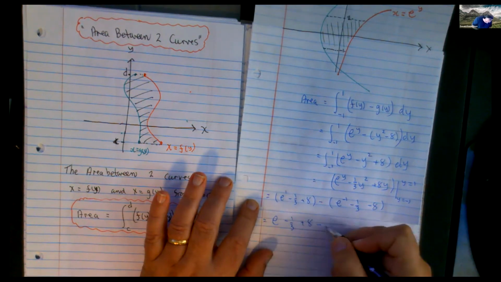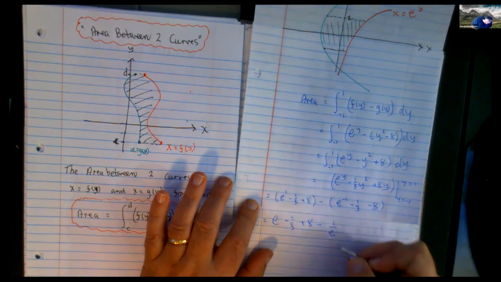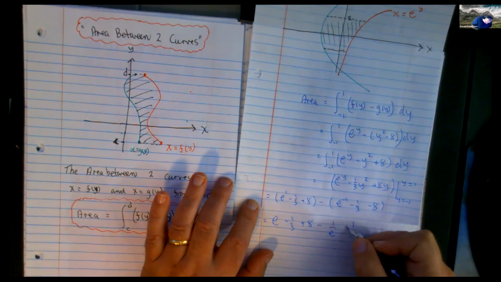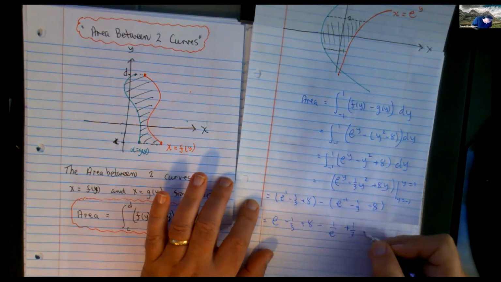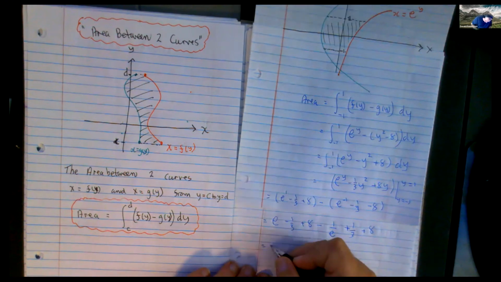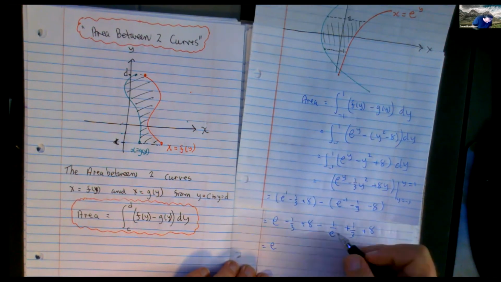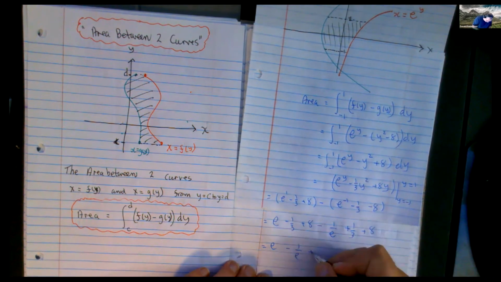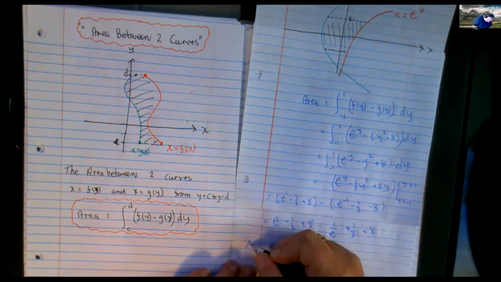Take away e to the -1, which I'm going to write like that. Take away a negative means I add that. Take away a negative means I add that. So what's left? I've got an e, I've got -1 over e, and I've got +16. And we are finished.